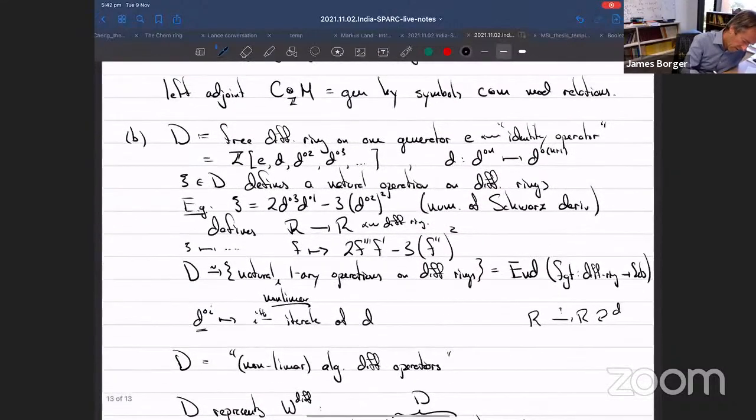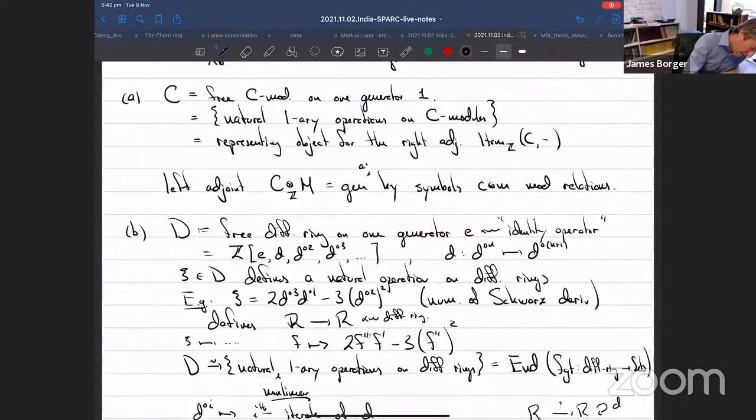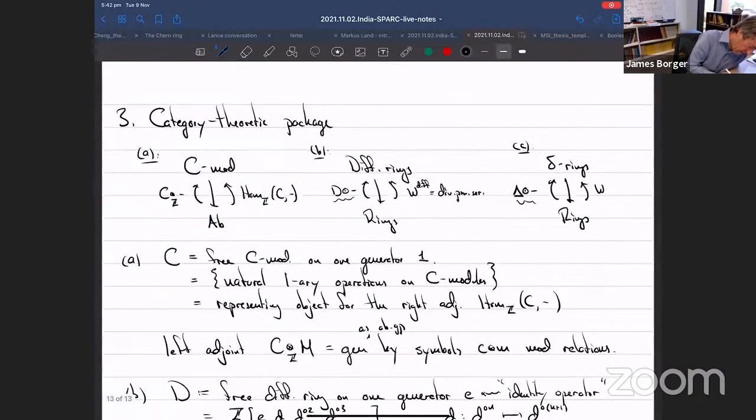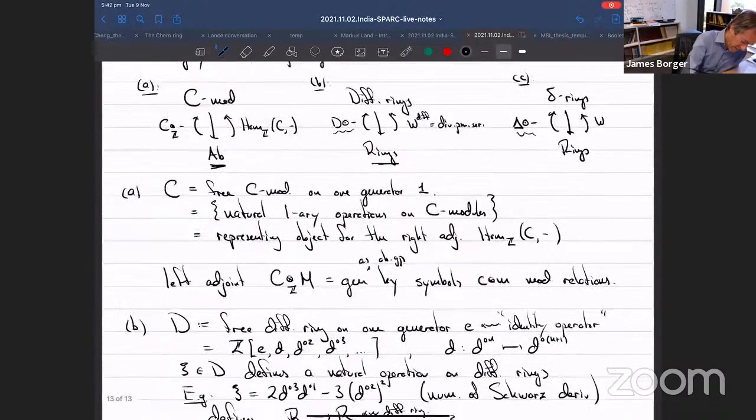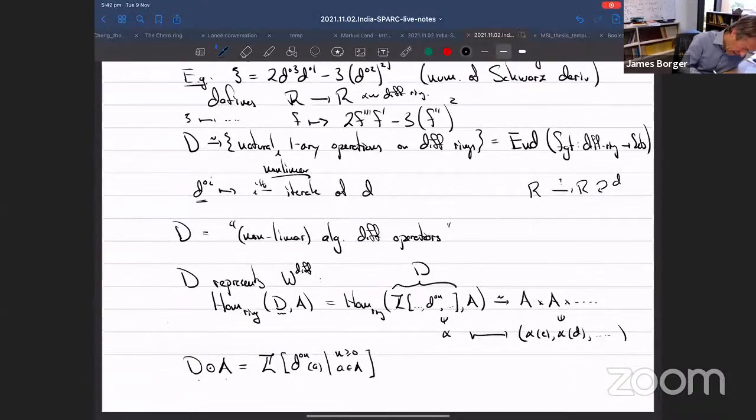Up here, of course, this is generated as an abelian group, but that was because this was AB, but now we're on rings. So we have to have generated as a ring. And now what relations do we have? We have all the Leibniz rules for these iterates. So the nth composition of D evaluated at AB will be, I mean, this one I can write out in closed form. I'll do it just for fun.